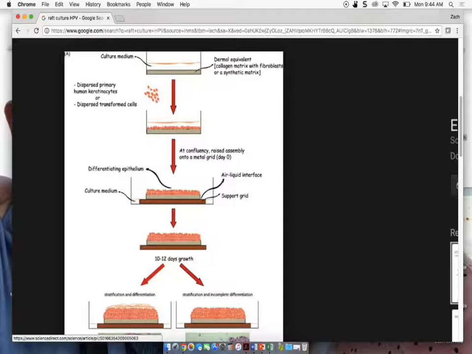Once they've reached confluency, and these would be epithelial cells or human keratinocytes, you move them to a metal grate, which now serves as your basal membrane. And you put that metal grate or supportive grid with culture media just below it. And now, applying the right growth factors, you will find these cells begin to differentiate as they move upward in this raft culture.